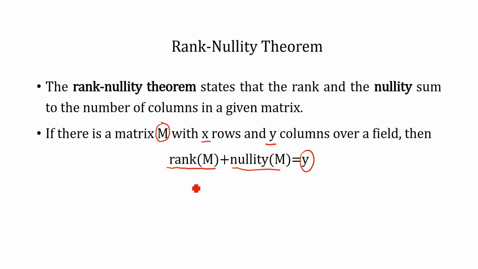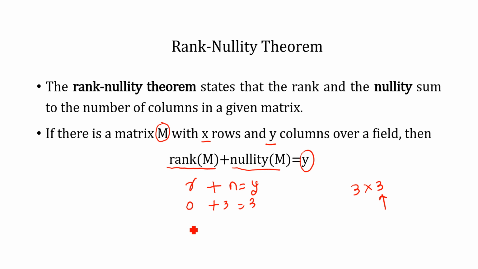So consider the rank of the matrix, say it is R, and the nullity of the matrix is N. Then the sum of these two gives the number of columns of the matrix. So if it is a 3 cross 3 matrix, the number of columns is 3. The possible values of rank: it will be 0 if the matrix is a null matrix, then obviously the nullity of that matrix will be 3, which equals the number of columns.